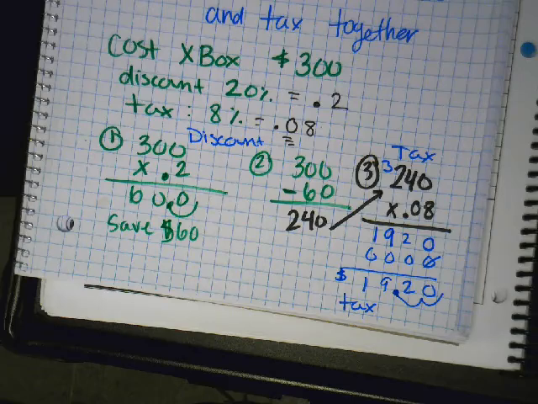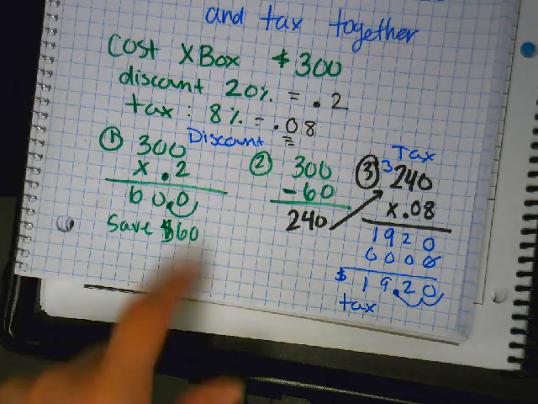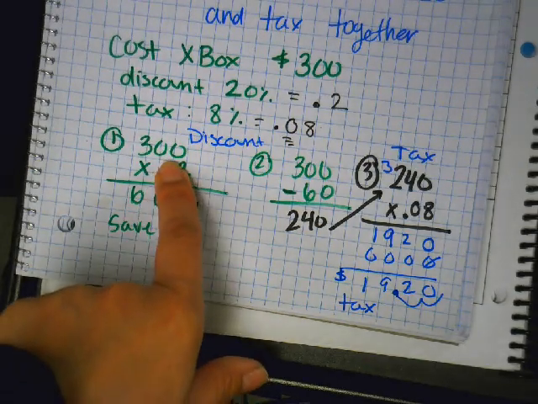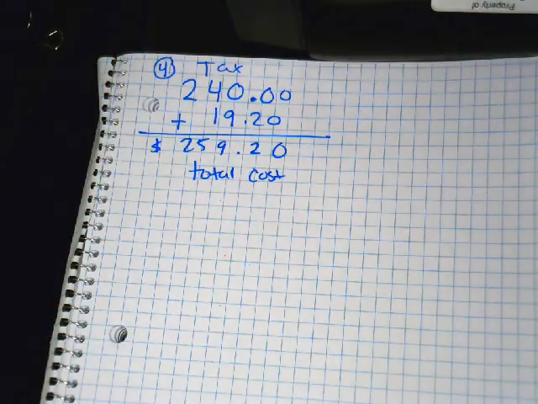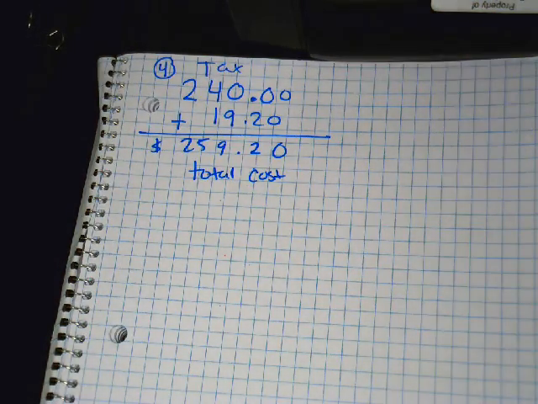When you buy a cell phone, you know how they'll be like, oh, we're gonna give you $500 off the new purchase of a phone, and you're like, yay, I'm saving so much money, woohoo! But they'll tax you on this. So that's why sometimes when you buy a phone, the tax is a ridiculous amount of money. Like a lot. You can save $500, so you get taxed $500.